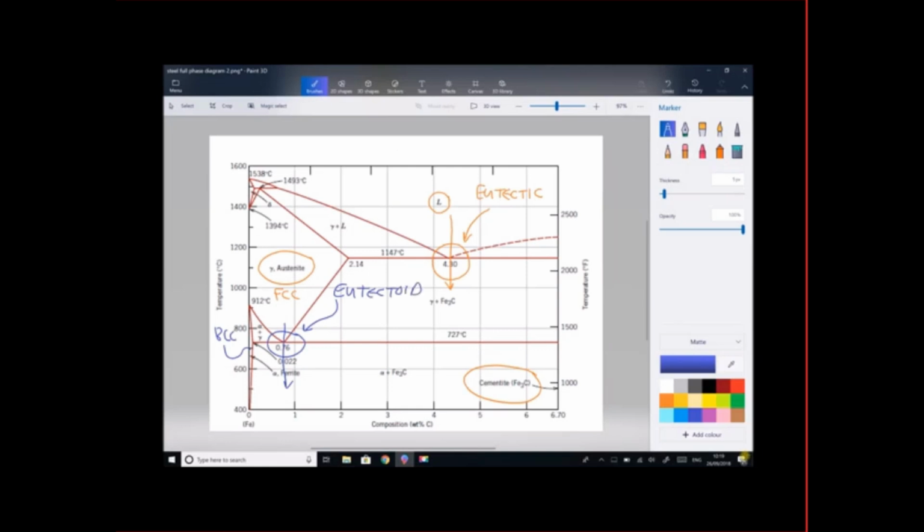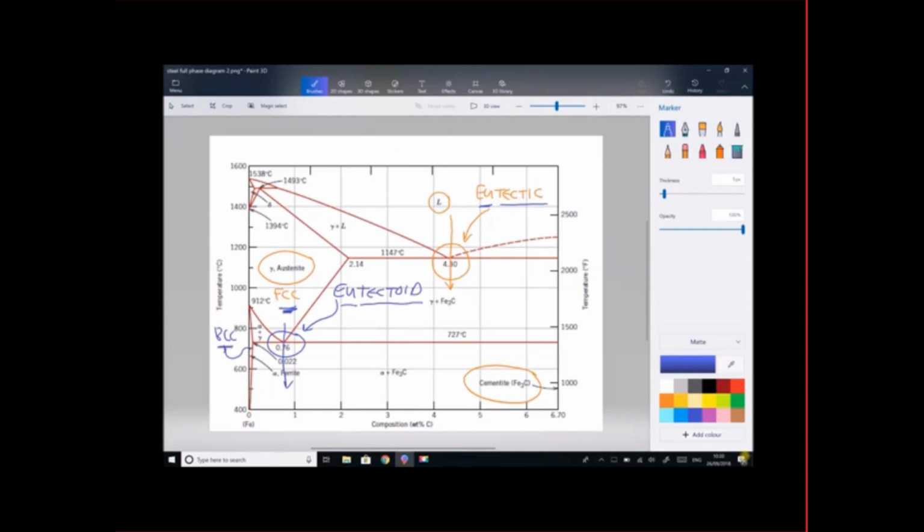Now, the big difference here is that eu means easy, tectic means melt. So at our eutectic point, we have the easy melt point, or the melting at the lowest temperature. Eutectoid means easy melt like. We're going from face center cubic iron or steel into body center cubic.